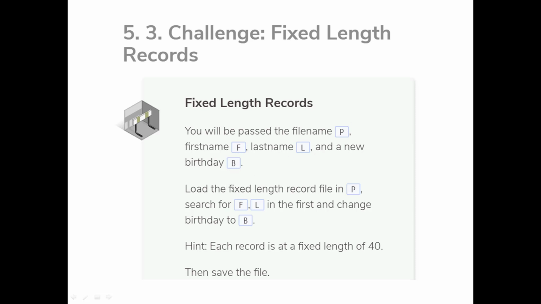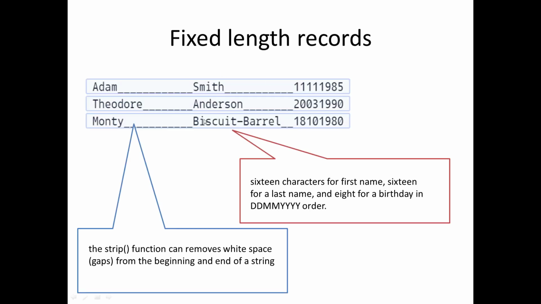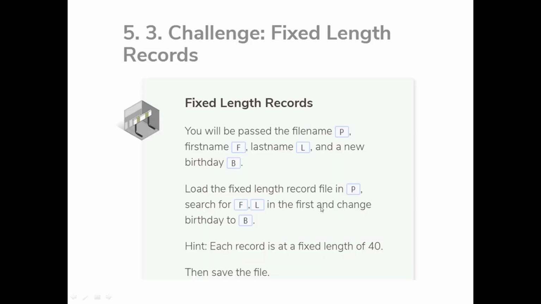We're to load the fixed length record file. That's going to be all of the records that we see here. And then we're going to search for the first name and the last name and change the birthday to B.